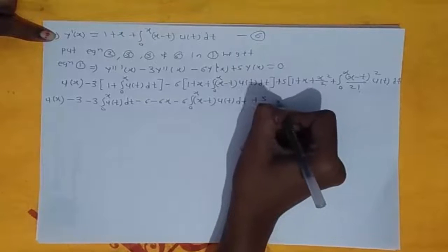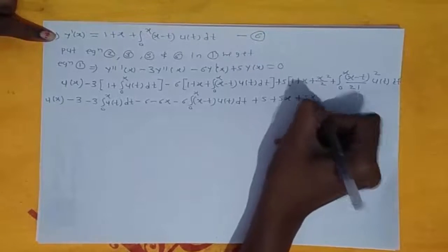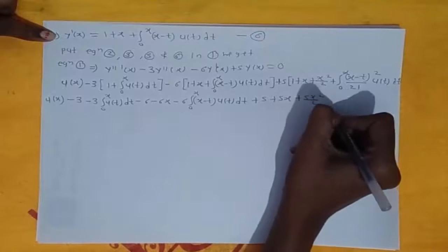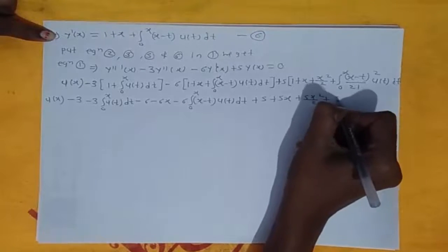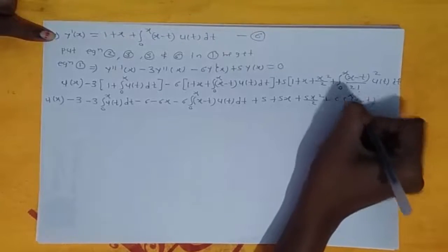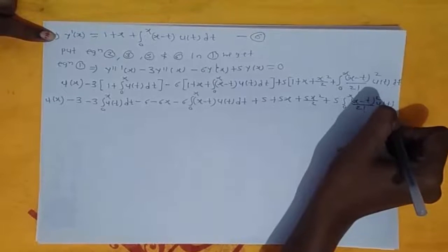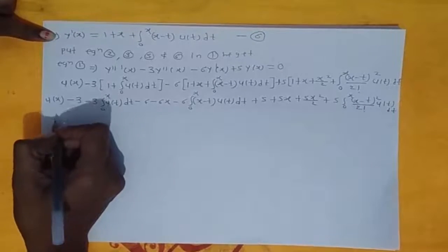Similarly here 5 plus 5x square divided by 2 plus 5 integration from 0 to x (x minus t) bracket square divided by 2 factorial into u of t dt.